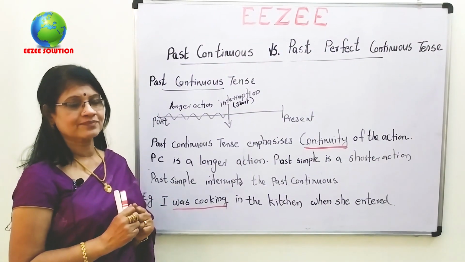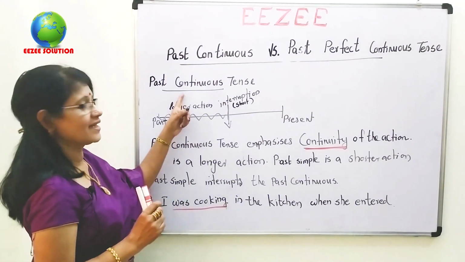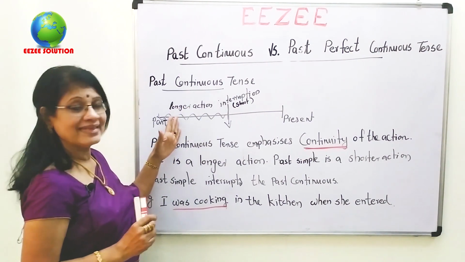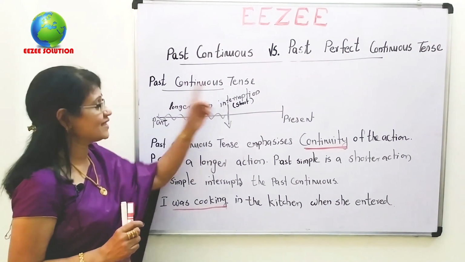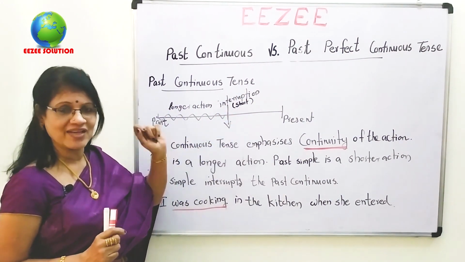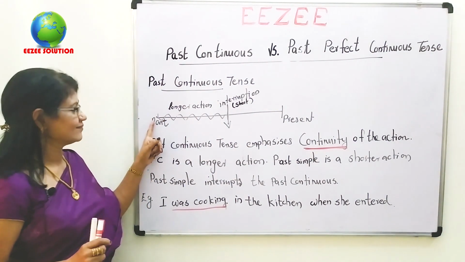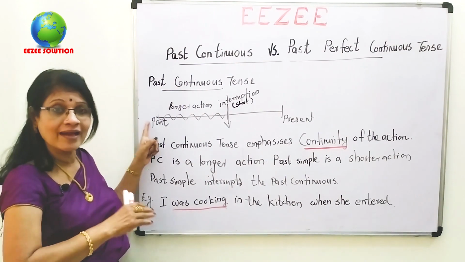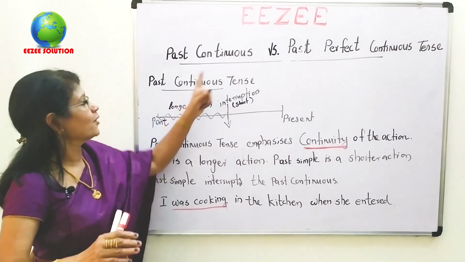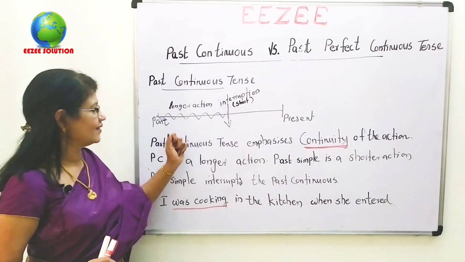We use past continuous tense to describe an action which is interrupted by another action. One action is going on. That is a longer action. There we can use past continuous tense.